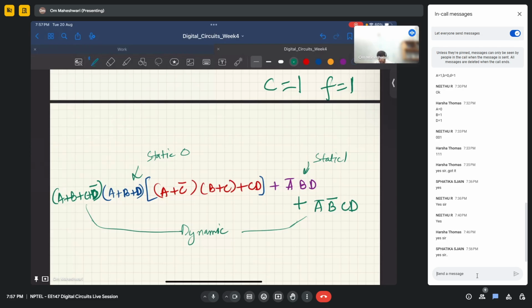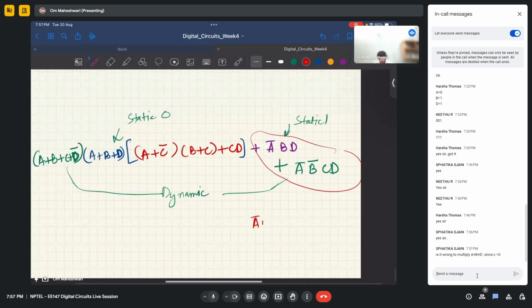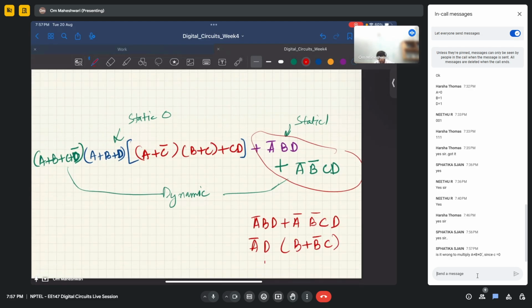You can do some reductions here also. You take these two terms, a bar b d plus a bar b bar c d. Take a bar d common, get b plus b bar c, which is b plus c, right?